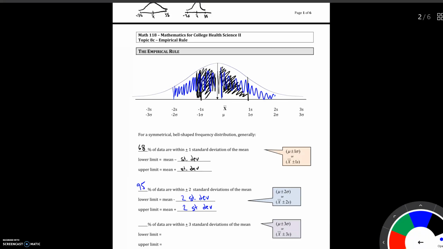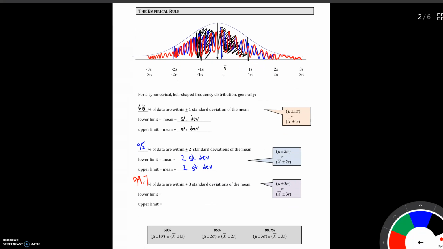Finally, the third part of the empirical rule tells us that if we move 3 standard deviations from the mean on either side, we get the middle 99.7% of the data. The lower limit is the mean minus 3 standard deviations, and the upper limit is the mean plus 3 standard deviations.